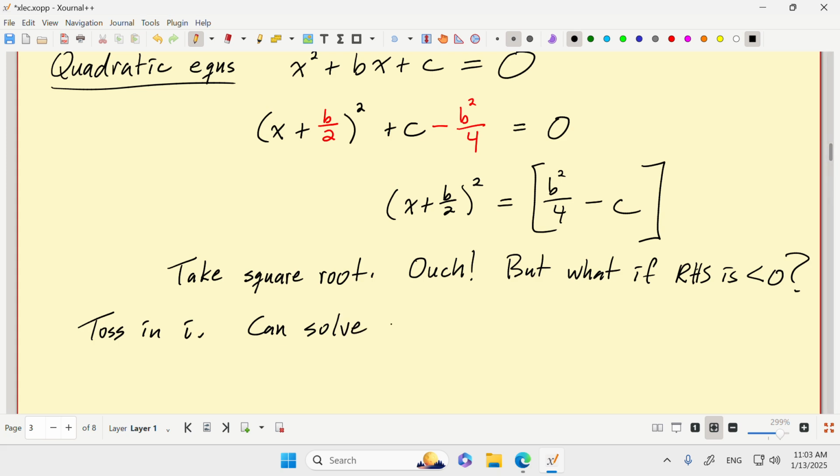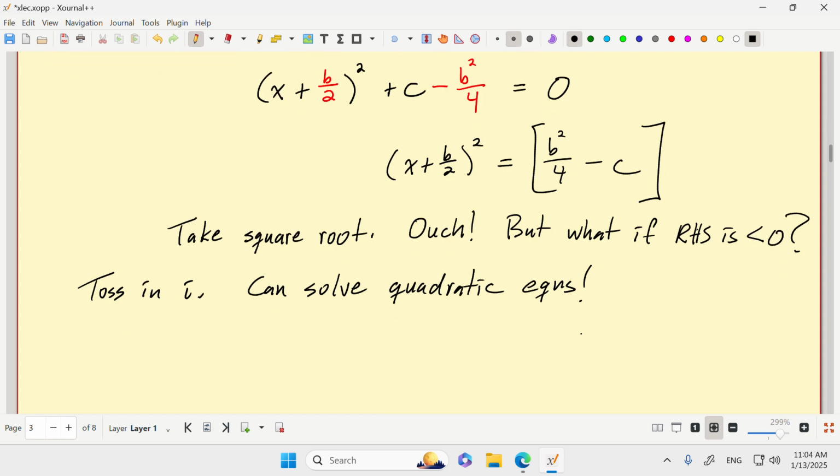The mind-blowing thing about complex numbers is that just tossing in that one stupid number, suddenly I can solve any polynomial equation. That's an exciting thing.